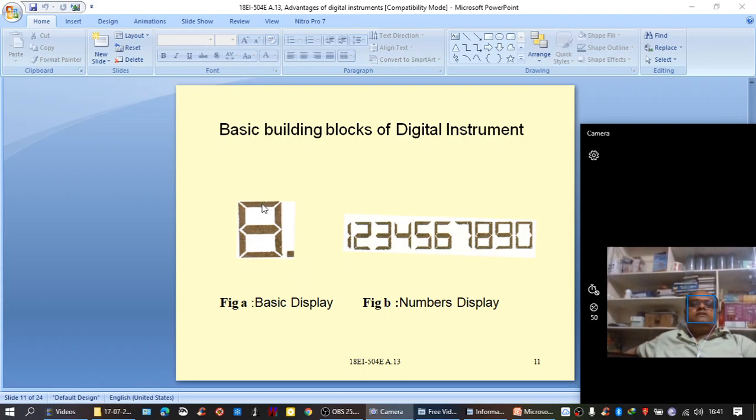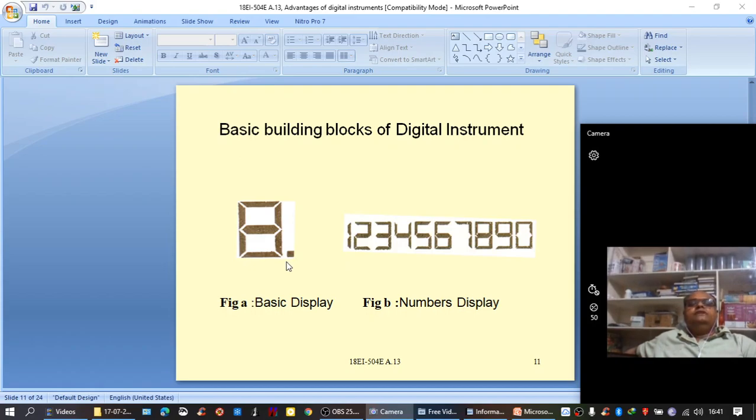Here we have got 7 segments or 7 bits here. The first one here, please follow my cursor. The first one is named as A, followed by B, C, D, E, F, G, and this decimal one is called as DP.